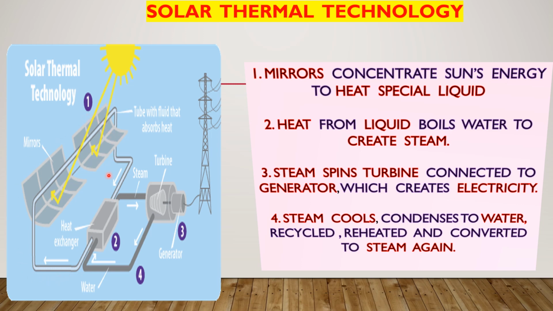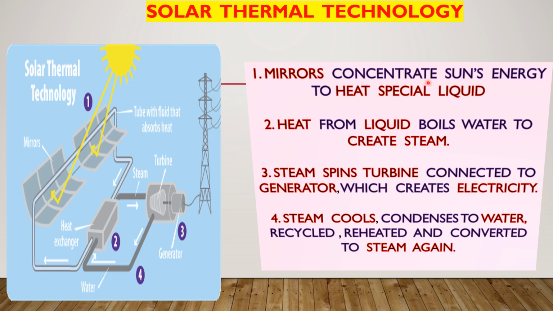Okay, and this heat is then passed on to the water within the heat exchanger, converting the water to steam. And then this steam turns the turbine. Electricity is thus produced.